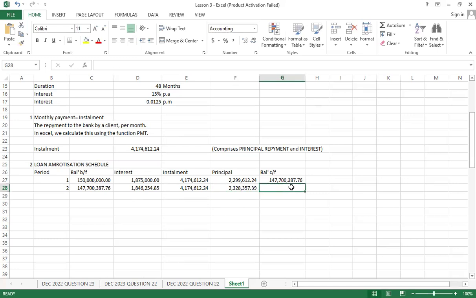The closing balance for this loan is this opening minus this principal repayment, which comes to about 145 million.